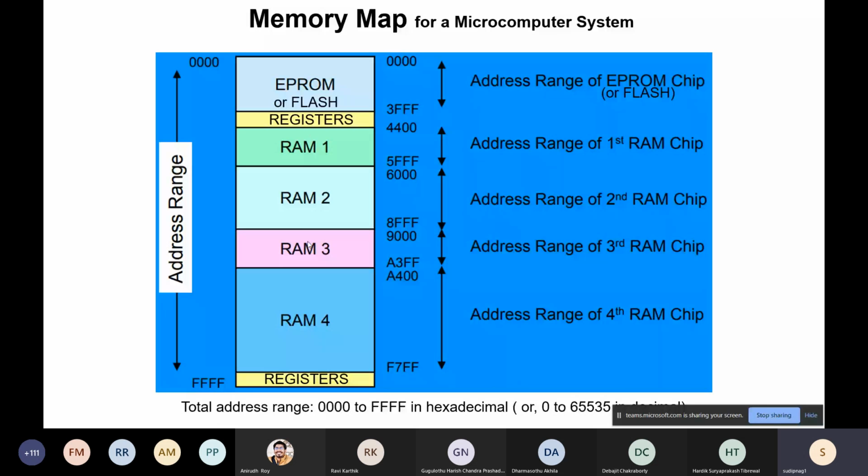And there could be registers split in between, or at the last, or somewhere in the middle. But typically there are certain rules. The first rule is that from 0000 onwards, we prefer to keep the programs. Programs are stored in flash or EEPROMs.